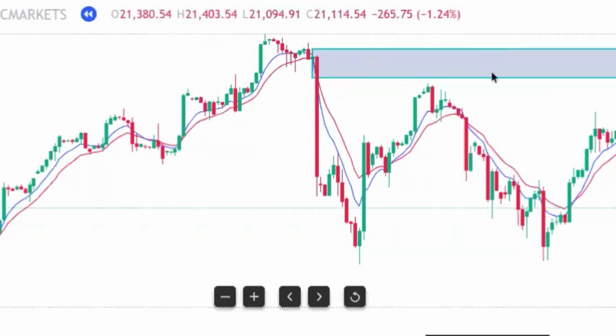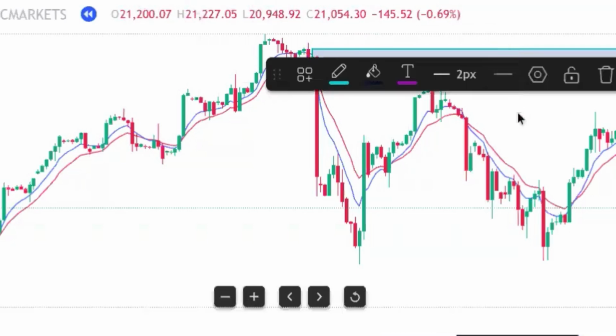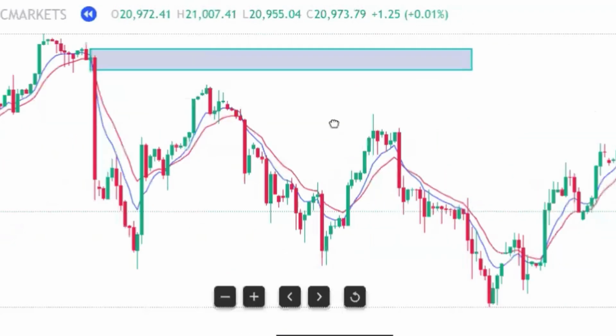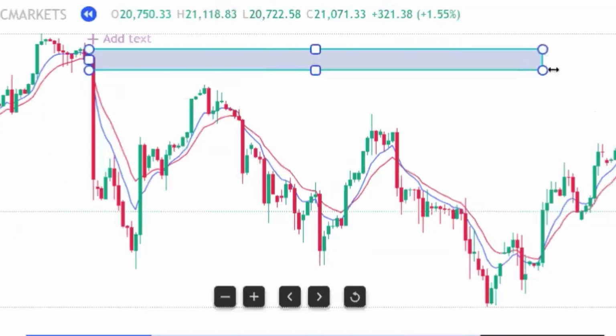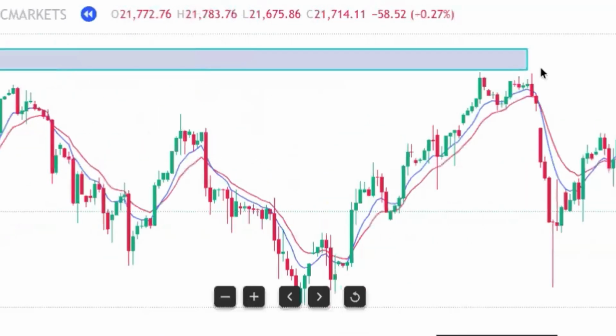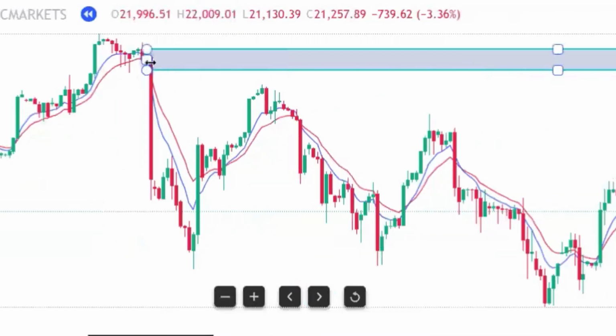All right, let's adjust, because we want it to just be wick to wick of the candle before it. There we go. It's covering that green candle. All right, so we'll pull this across. There we go. So this is literally a major supply area.